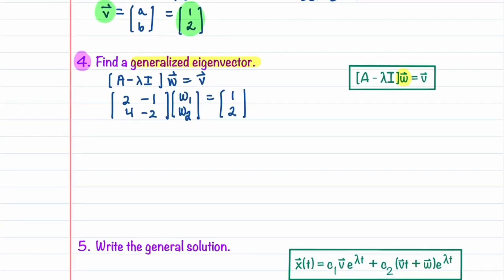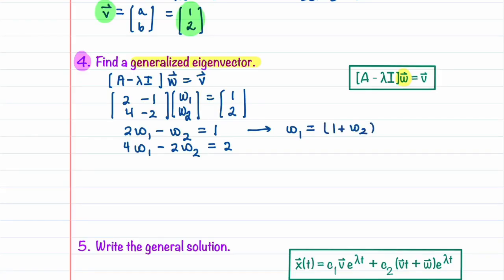If we convert this to an algebraic system of equations, we have 2w1 minus w2 is equal to 1, and then our second equation is 4w1 minus 2w2 is equal to 2. Notice that these two equations are the same. So I'm just going to solve this first one for w1. w1 is going to be (1 plus w2) all divided by 2. Now we get to pick what w2 is.